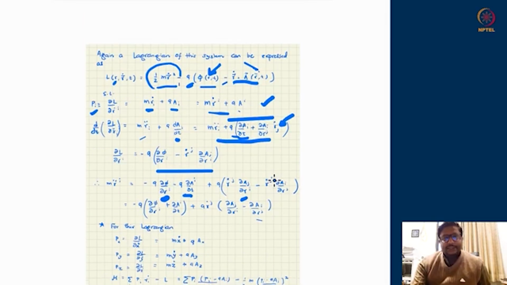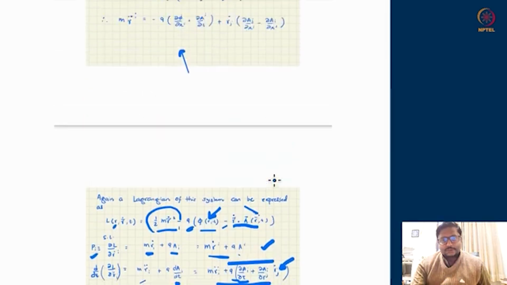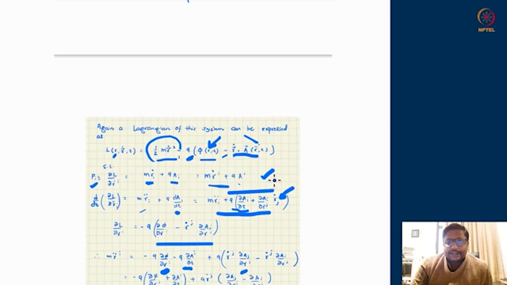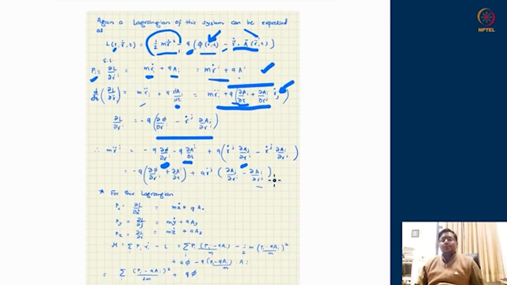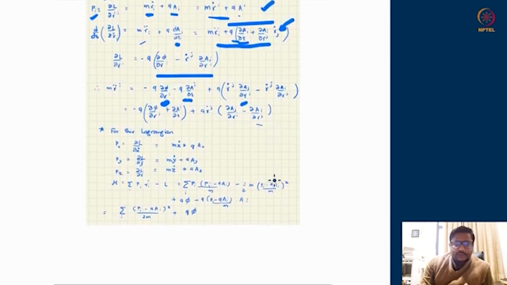This is the same equation of motion which we discussed for a charged particle's motion. So you see we have obtained a Lagrangian which gives rise to our usual familiar electromagnetic field interaction of a charged particle. This Lagrangian will be useful, as we discussed, because we can write down the Hamiltonian of the system from it. Again, how do I do that?